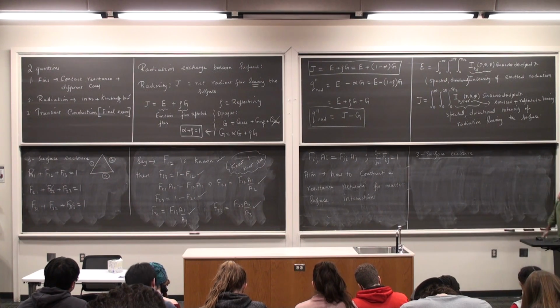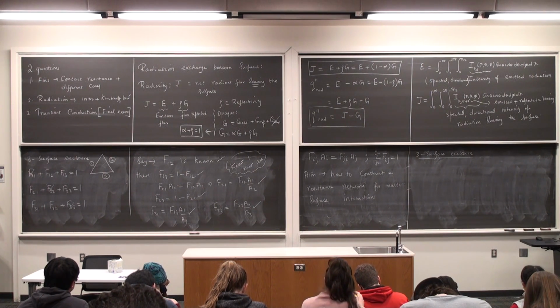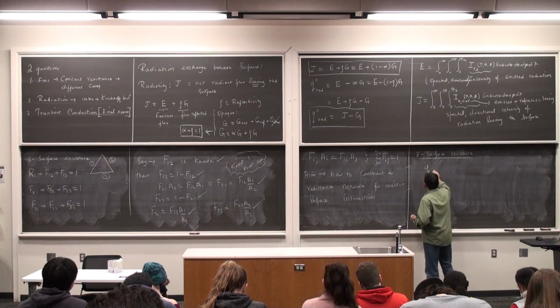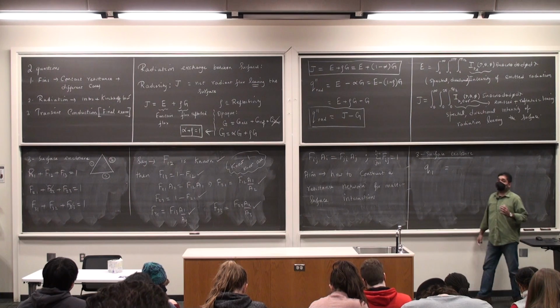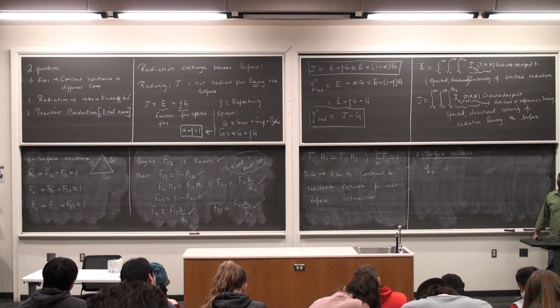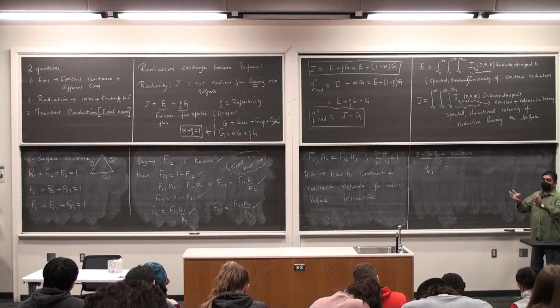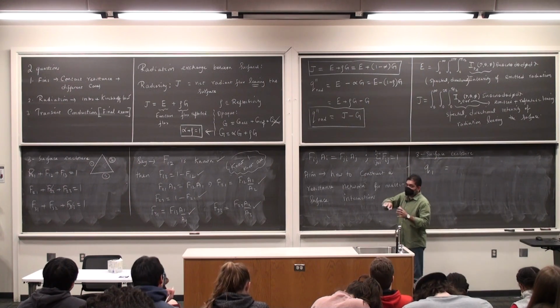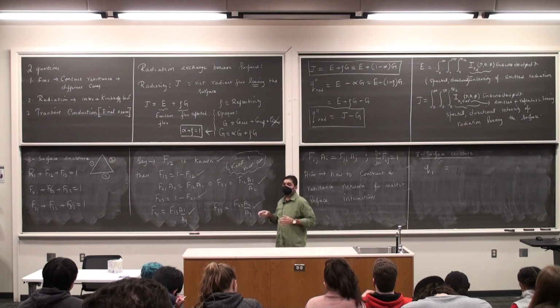I'm going to look at the net radiant energy that is emitted by surface 1. This is not the net radiant energy leaving surface 1. This is emitted by surface 1, which means that this is the net radiant energy which includes the emissive flux from surface 1 and the irradiation on surface 1.